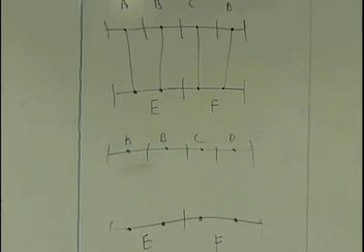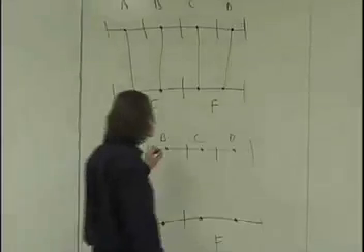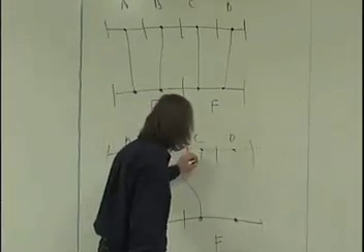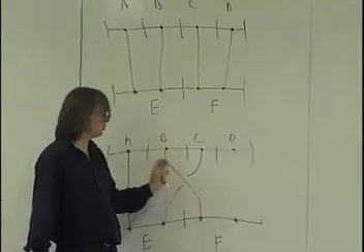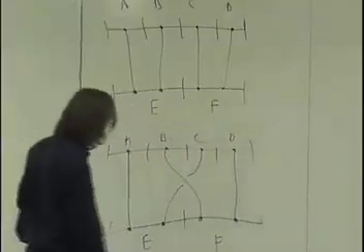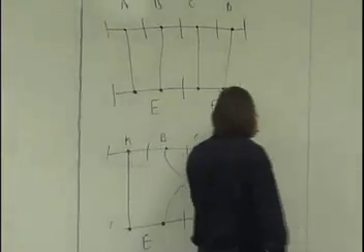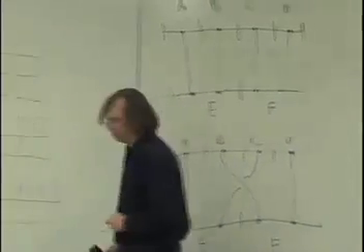So the A goes to E, the B goes to F, and the C comes over to E, and then D goes down. And I did try to go left over right. Okay. So there's the picture for that second example.